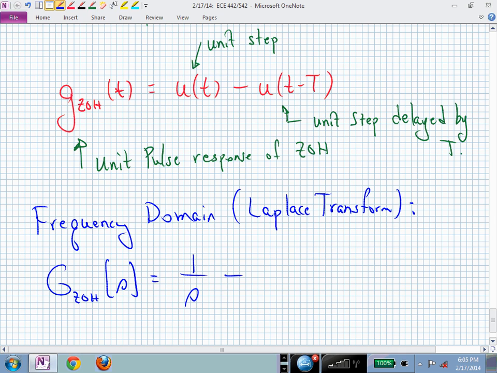What's that Laplace transform? If you forget, you could say, wait a minute, that kind of looks like just a unit step. You could say, that's a 1 over s, maybe with something else, and that's correct. It's 1 over s with something else, and that something else is what happens when you delay.